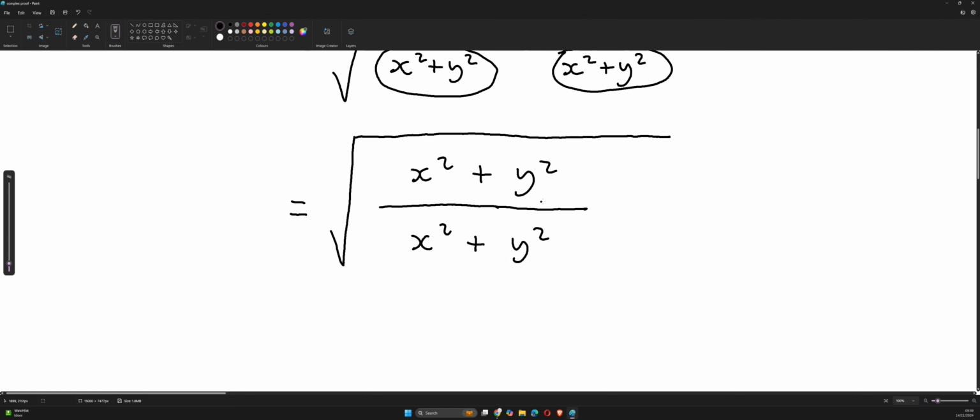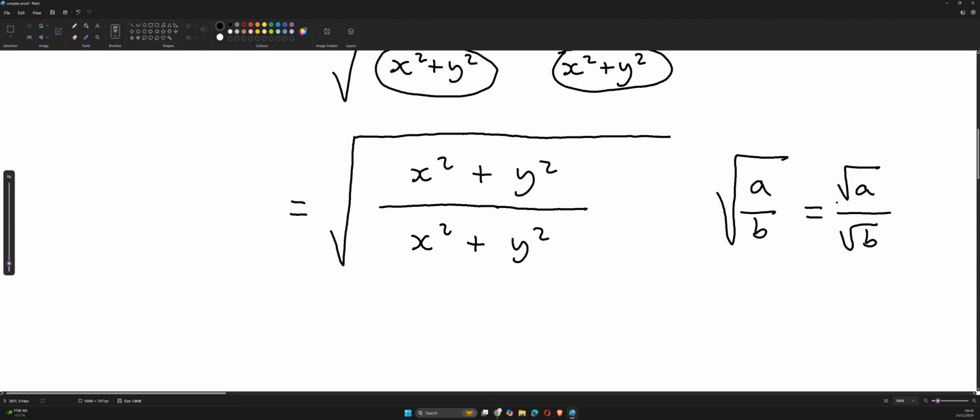Okay, now from here we can put a square root over x squared plus y squared, right? And we can also put a square root over this x squared plus y squared at the bottom. Okay, that's because of the rule. Let's say if you have the square root of a over b, that means you have the square root of a over the square root of b.